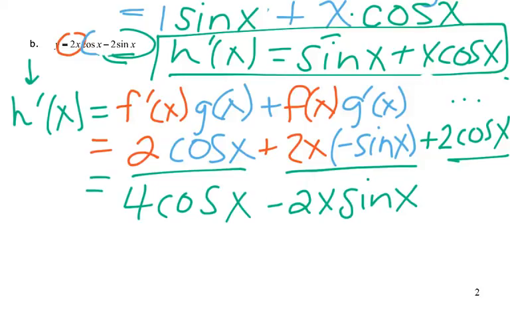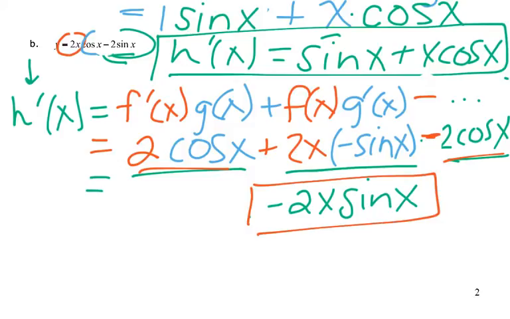This should not be a plus. It should be minus. That means here this should also be a minus. And in that case, 2 cosine of x and minus 2 cosine of x, that cancels. Sorry about that error, guys. So our final derivative is just negative 2x sine of x. These cancel.